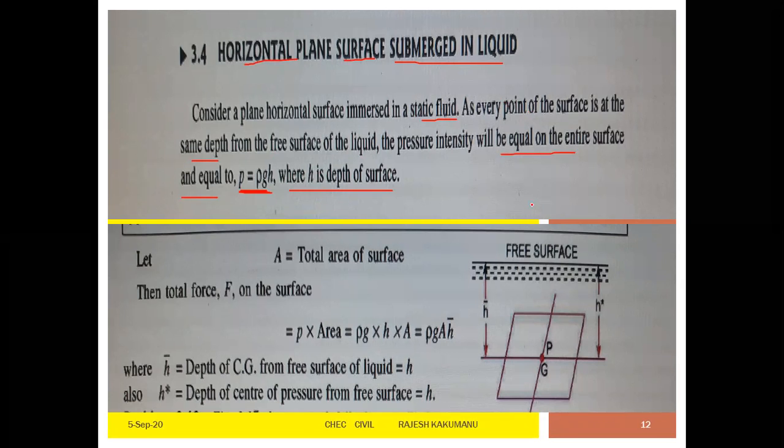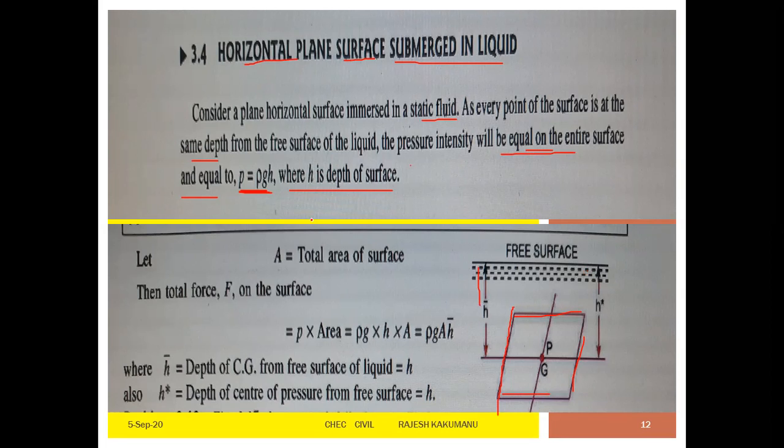Every point, these 4 points of the object, are at the same depth from the free surface of the liquid, so the pressure intensity will be equal, and P is equal to rho g h, where h is the total depth of the surface.